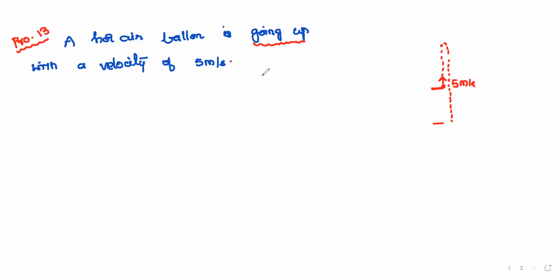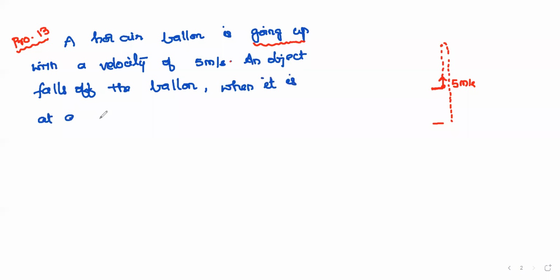With a velocity of 5 meters per second, and Teddy, I am writing here, an object falls off the balloon when it is at a height of 30 meters.